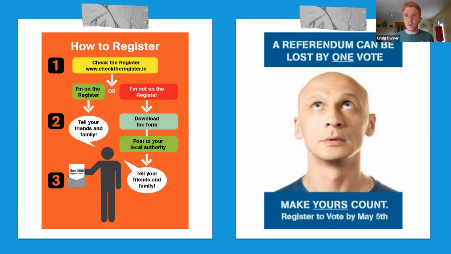I gave the example of the register to vote piece. That's the type of infographic we were creating and sharing. Here's how you go and do it. People are going to share this amongst their networks to get as many people added to the register, and this is clearly linked to one of our aims and objectives.